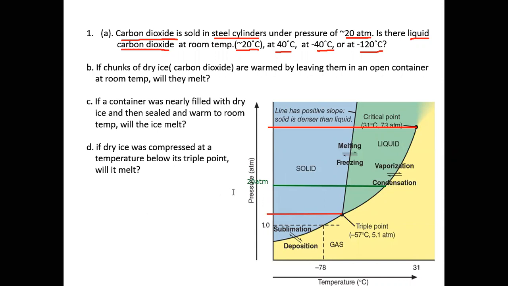So that's where 20 atmospheres is, and it's saying, okay, at 20 degrees Celsius. So again, if we look at the triple point, it is -57 degrees Celsius. And at the critical point, we're at 31 degrees Celsius, to give us an idea of where our temperatures are.